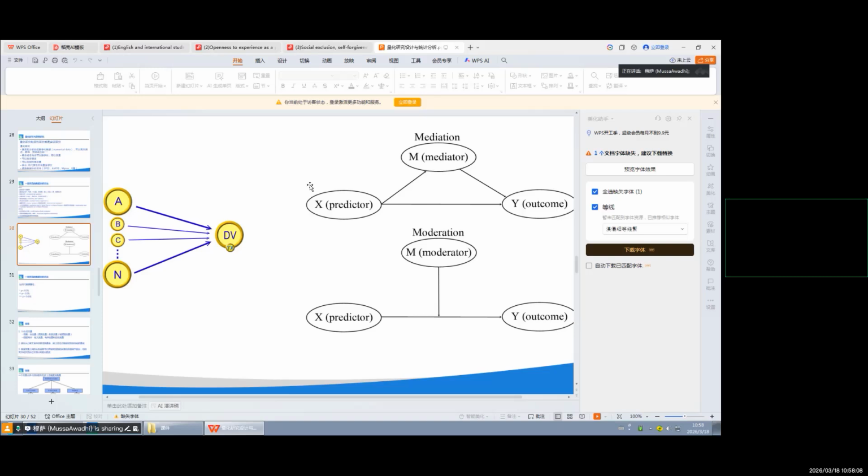These represent the process between the personality and the academic performance. Now you may better understand what is mediation. Do you understand a little bit more about mediation? So this is mediation. I just give you one example. Now let's come back.